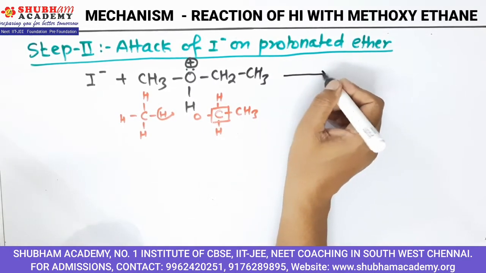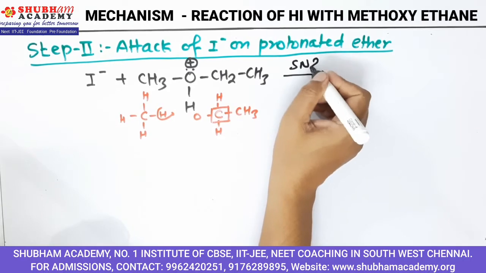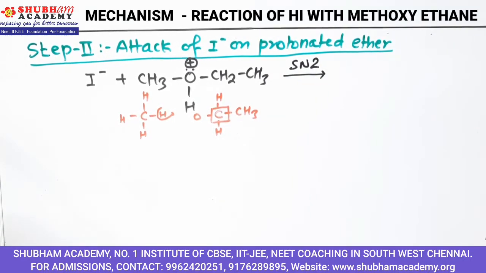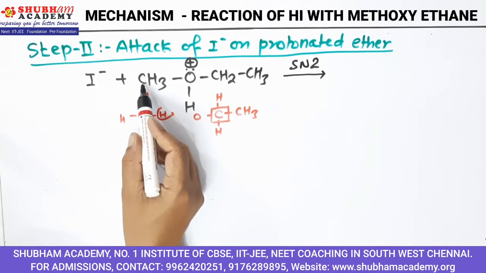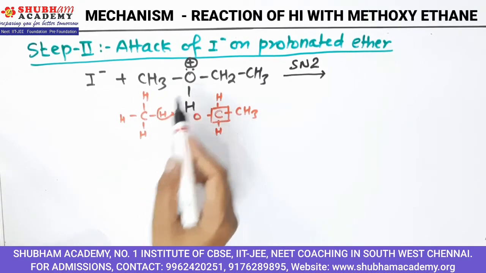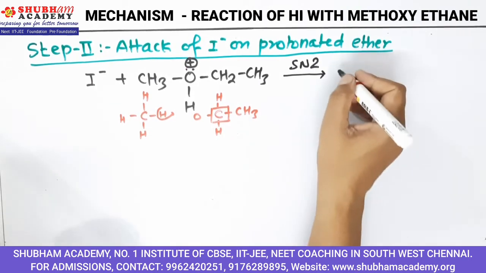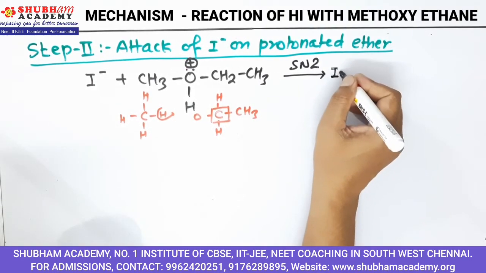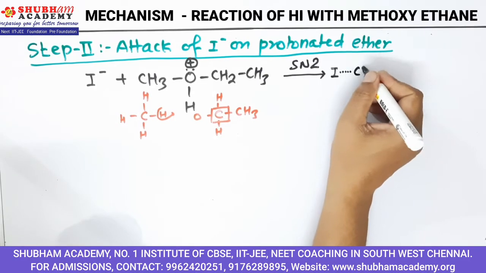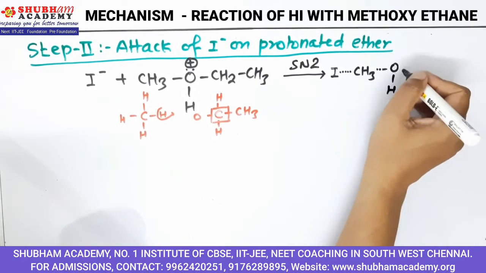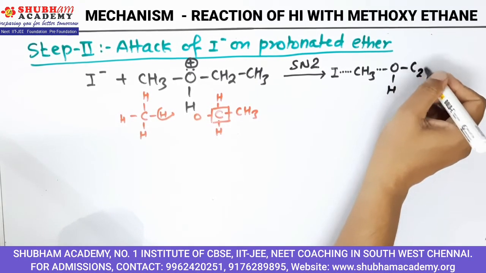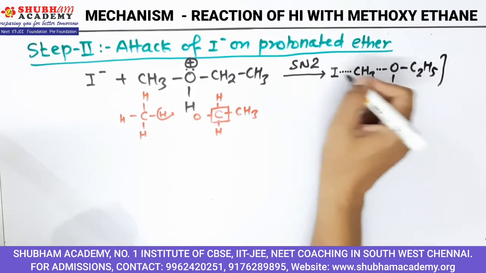What does this mean? SN2 is a single step substitution reaction in which a transition state is formed where the bond between I and CH3 is partially formed and that between CH3 and O is partially broken. So I, CH3, OH, C2H5, right?